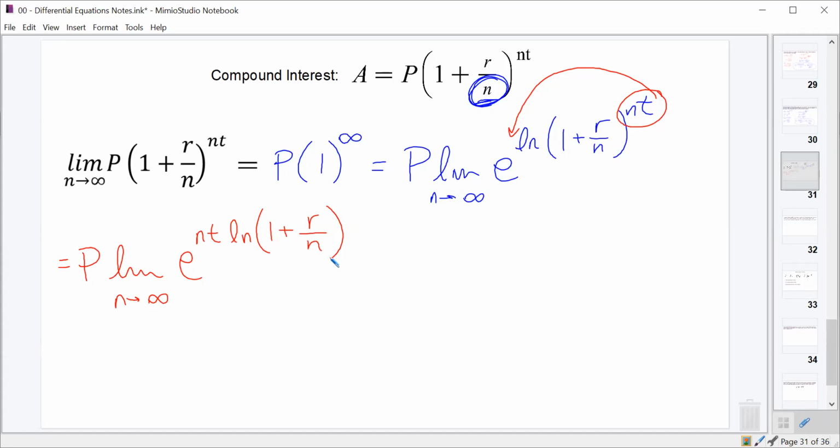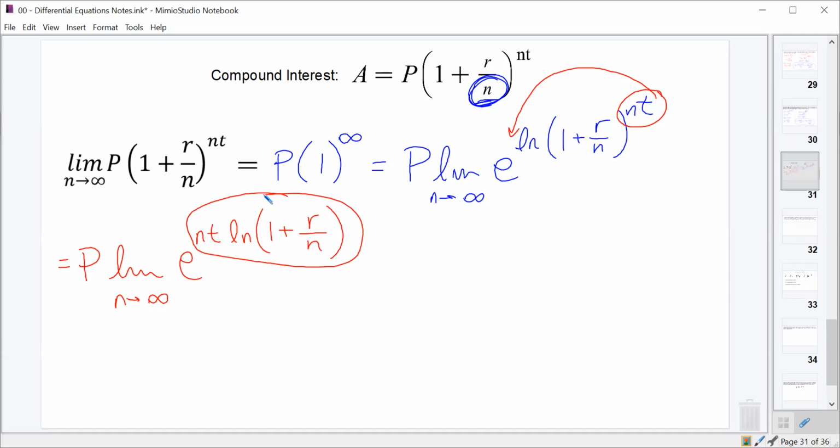One thing that you could normally do, that we're not going to do the proof for, is change this so that it was e to the power of the limit as n approaches infinity of nt natural log of 1 plus r over n. But I'm just going to leave it like this, and anything that we could normally do with a limit, like using L'Hopital's rule, for example, as long as this piece up here is of a form where we could use L'Hopital's rule, we're still allowed to use it for the fraction within the exponent of the e.